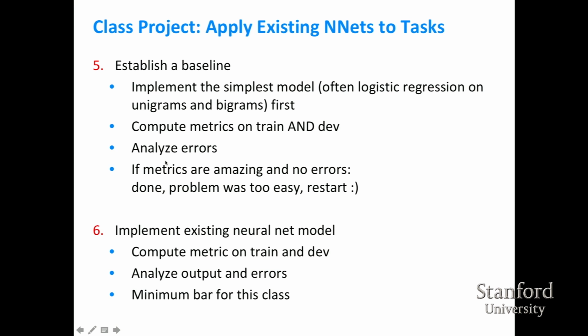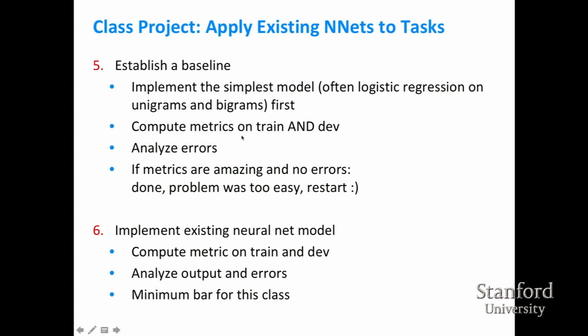It's very important to not just go in and add lots of bells and whistles that you'll learn about in the next couple of weeks in this class and create this monster of a model. You want to start with something simple, sanity check, make sure you didn't make mistakes in splitting your data, and that you have the right kind of metric. In many cases, it's a good indicator for how successful your final project is if you can get this baseline in the first half of the quarter.